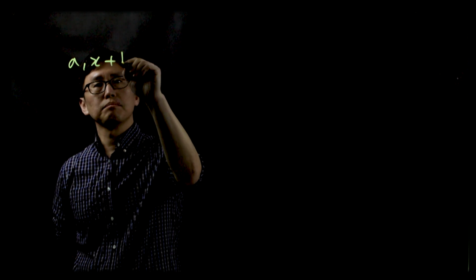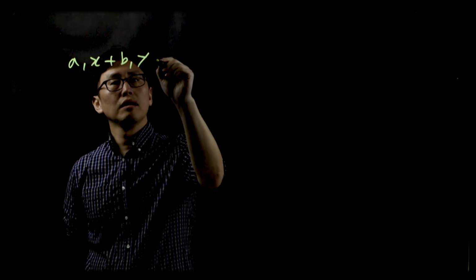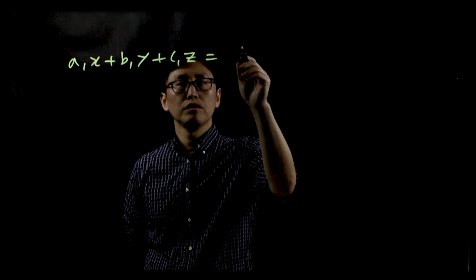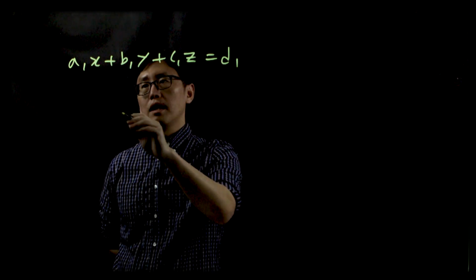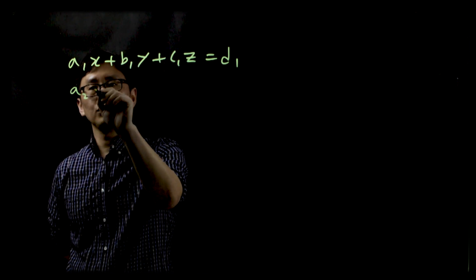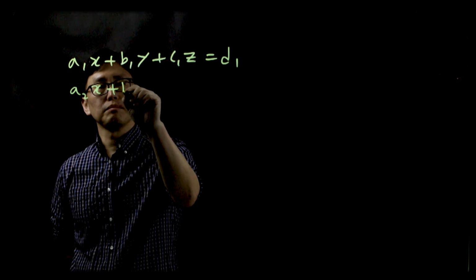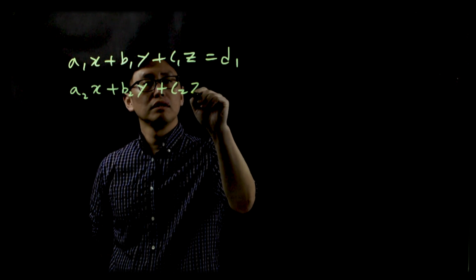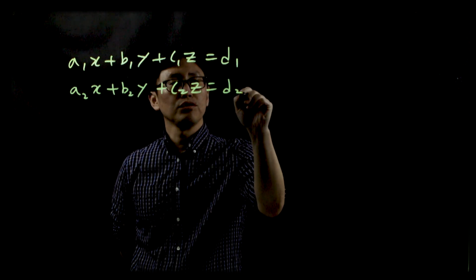a1x plus b1y plus c1z is equal to d1. And the second equation is a2x plus b2y plus c2z is equal to d2.